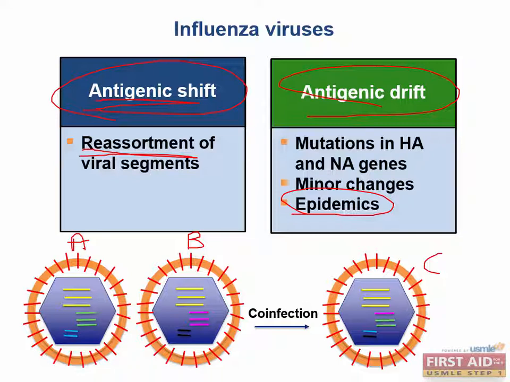Because this is a big change, the virus is now extremely unique and unrecognized by pre-existing immunity. This can result in worldwide pandemics. So in summary, antigenic shift is more serious than antigenic drift because it results in exchange of entire genetic segments rather than simply mutations in the genetic material.